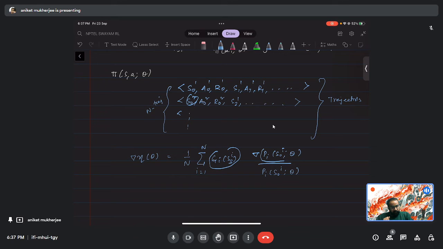The probability of this term, where i goes over all trajectories, is the probability, given a theta, that you see this trajectory.